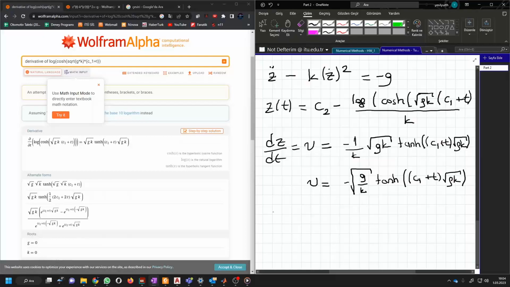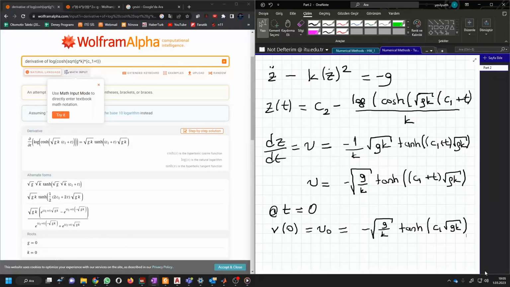What we know is that at t equal to 0, v at 0 must be equal to v0, which will be equal to, if I put 0 instead of t here, minus square root of g over k times tangent hyperbolic C1 times square root of gk.